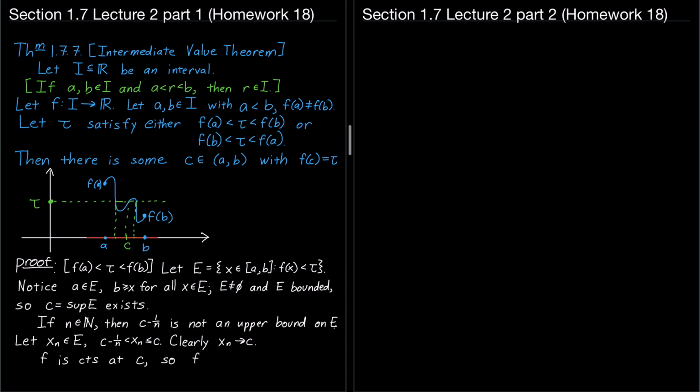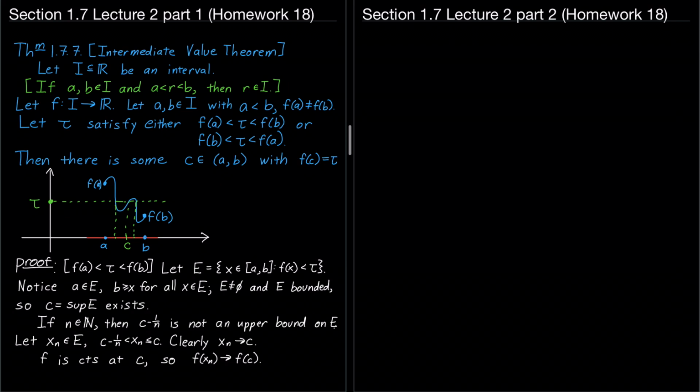So f of xn is converging to f of c. And each of the f of xn's is less than tau, so f of c cannot be bigger than tau. Well, if it was, you can use your interval definition of convergence and use the open interval from tau to infinity.